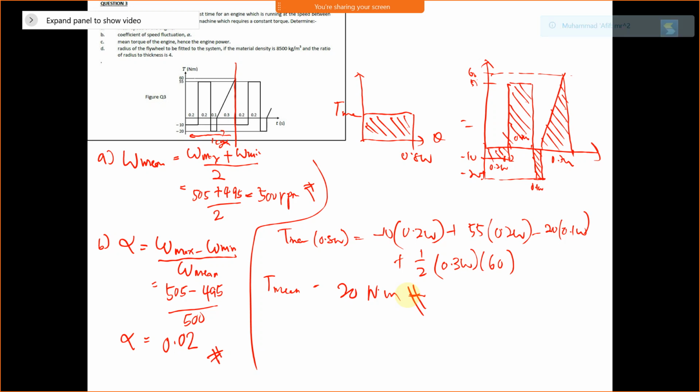We can consider the flywheel as a disk, if I'm not mistaken, so we can take 1/2 mr square. Okay, correct, because the flywheel does not include the motor, so we just take the flywheel as a disk, which is 1/2 mr square.